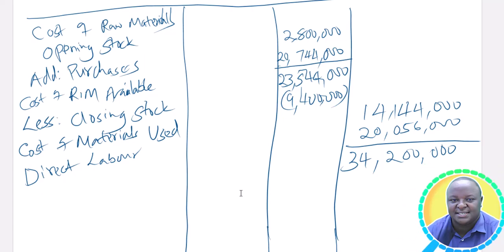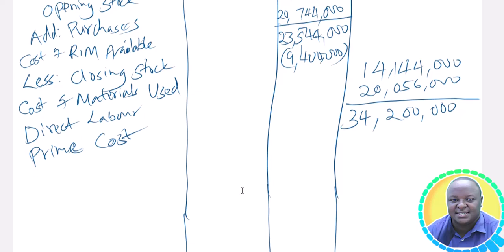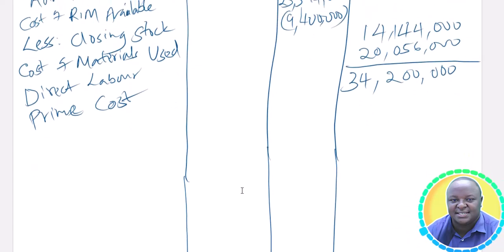Definitely this is going to be the prime cost. We are going to refer to that as our prime cost, which will be 34,200,000.